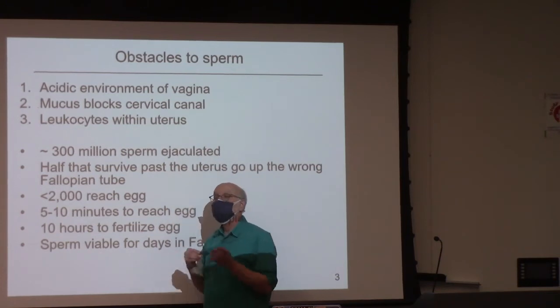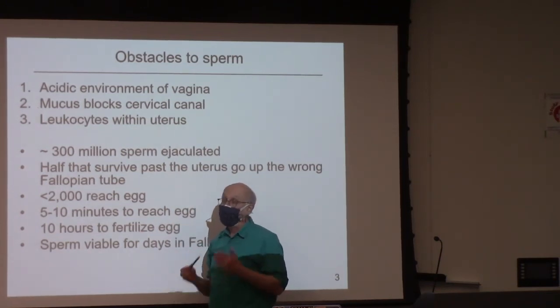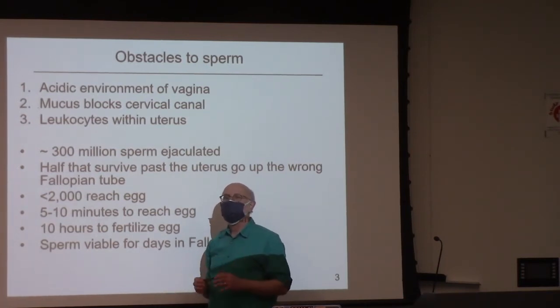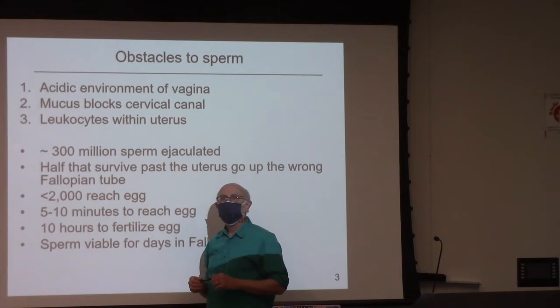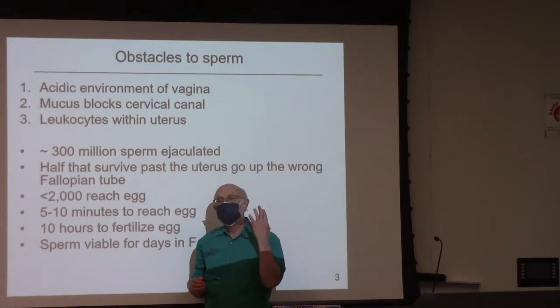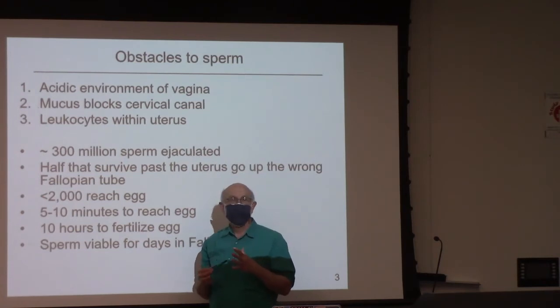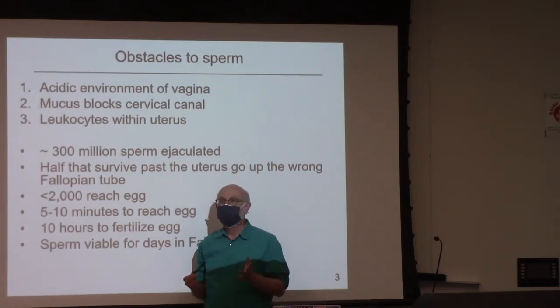The LH and FSH surge, along with the increase in estrogen, changes the properties of the mucus. It goes from very thick and gooey to somewhat less thick and gooey. Those of you with the other A&P course know that we have salivary glands that produce either a thick saliva or a watery saliva.